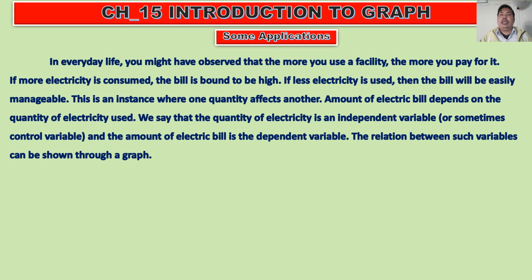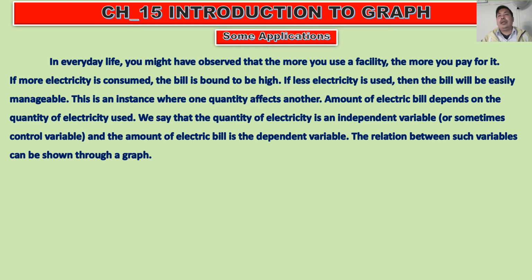Yes. The weight of the sugar or the weight of the rice that you buy, or the quantity of electricity that you use in your home, are called independent variables, or sometimes the control variable. It means it depends upon us how much we use.